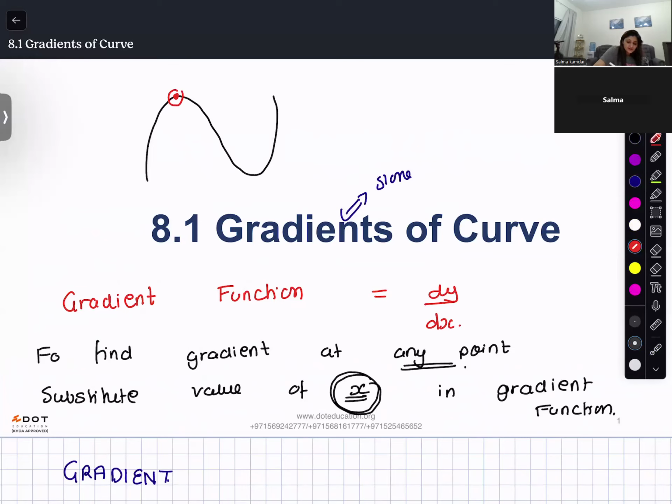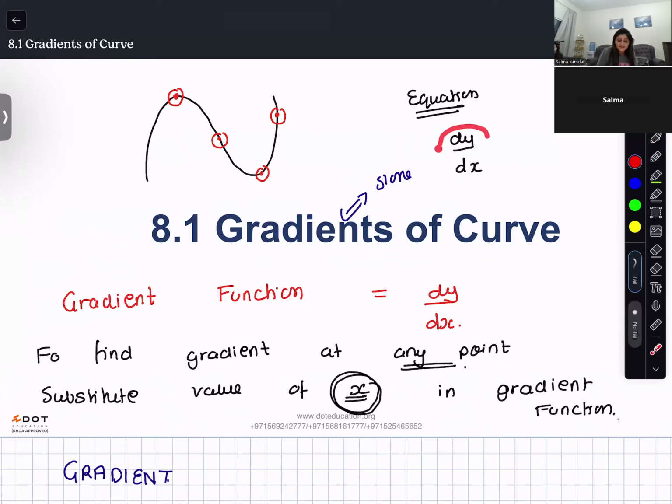The curve would have different gradients at different points. So, to find the gradient of the curve, whatever will be the equation of the curve, you find the derivative of that equation, dy by dx.